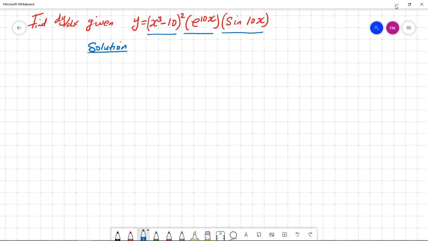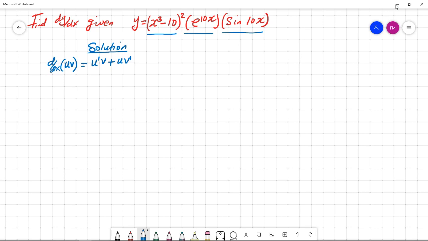Now, for product rule, I know we are used to dealing with a product of two functions, whereby d/dx of uv is equal to u prime v plus u v prime. Now, just use the same idea when you have three functions.